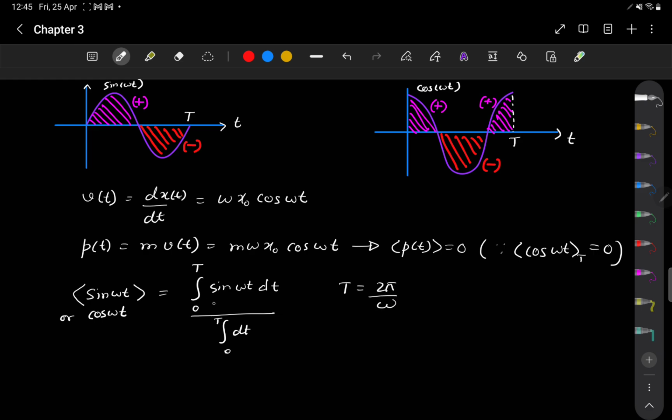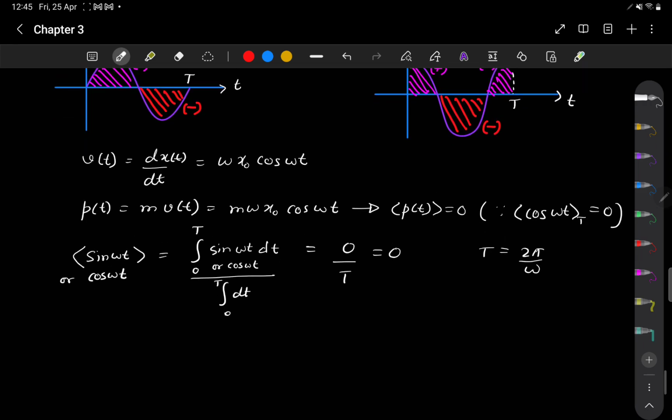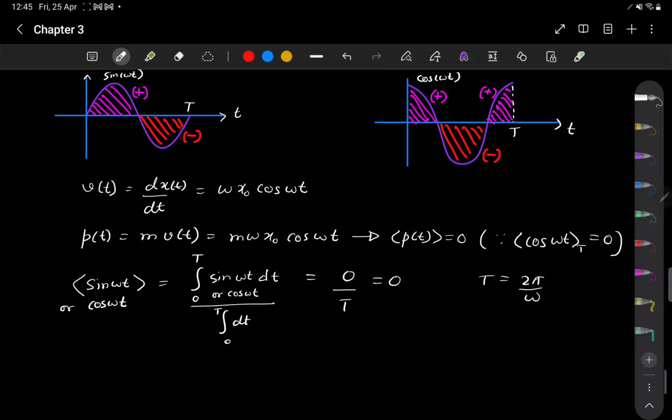Similarly, for cos, instead of sine you will have cos omega t, and the numerator turns out to be 0. So this is the mathematical way of writing it.